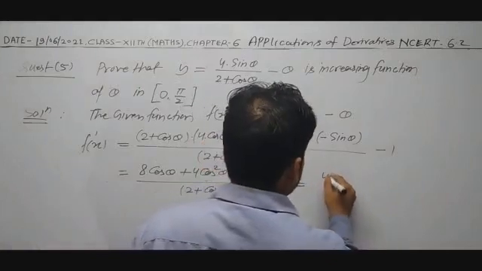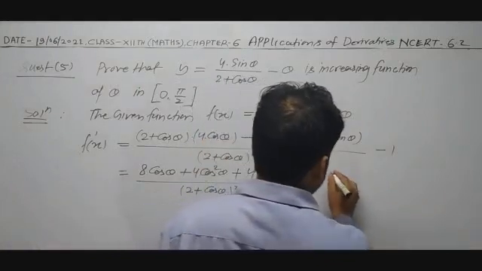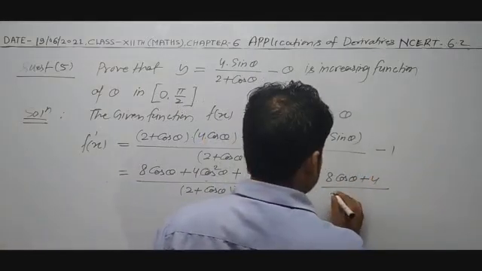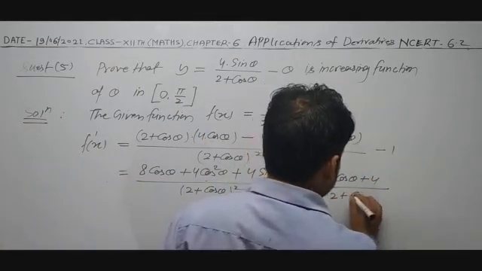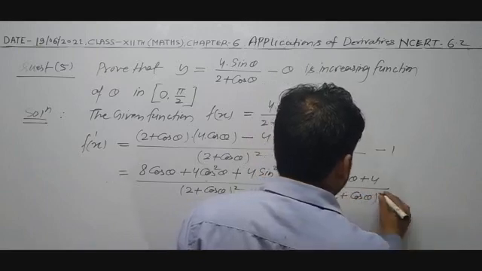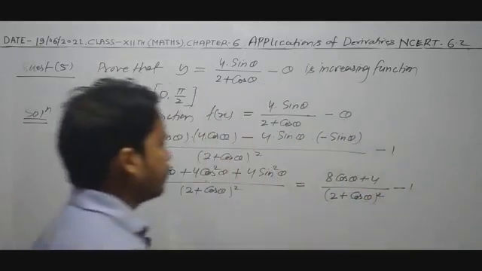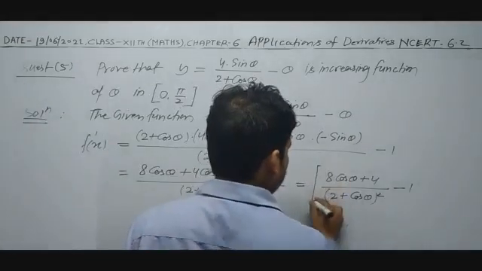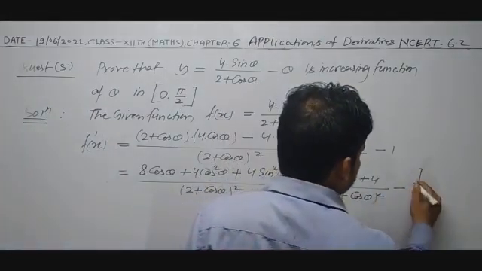So (8 cos theta plus 4) whole upon (2 plus cos theta) whole square, minus 1. So this is the differentiation part.